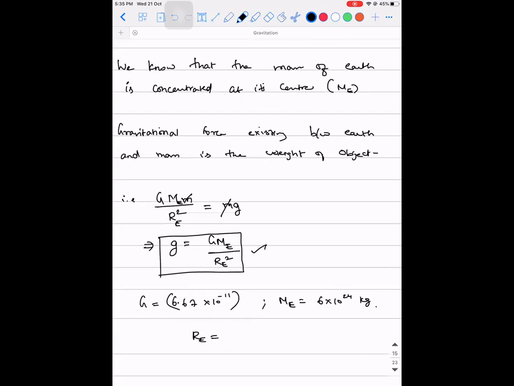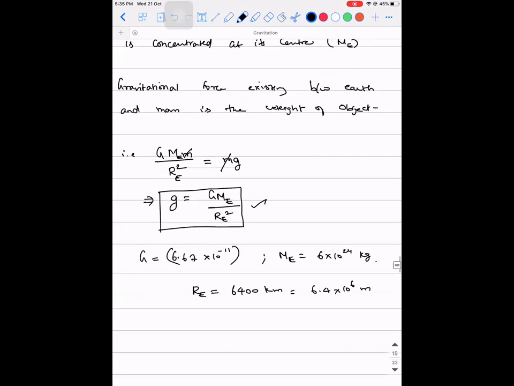Radius of Earth is 6,400 kilometer or 6.4 into 10 power 6 meter. If you take all these values and substitute it in the above expression, then the value of g will come out as 9.8 meter per second square. That is how we have derived this value.